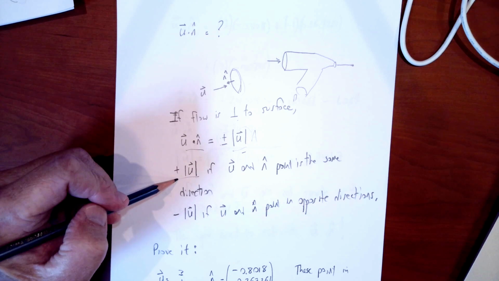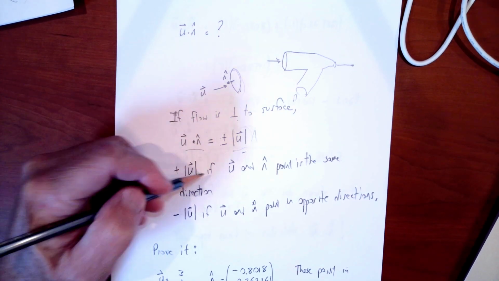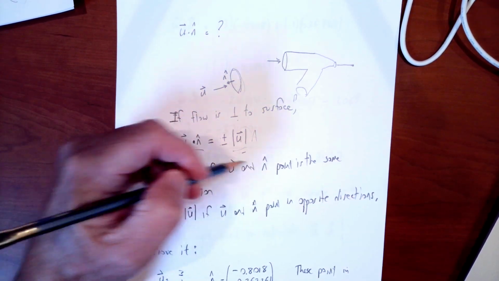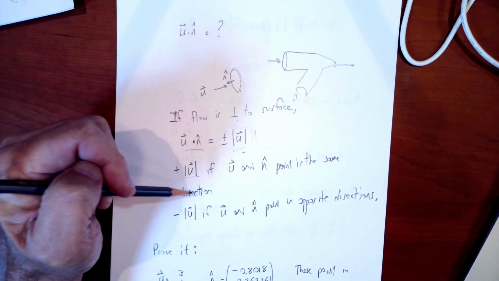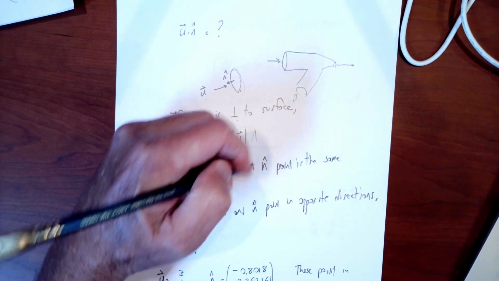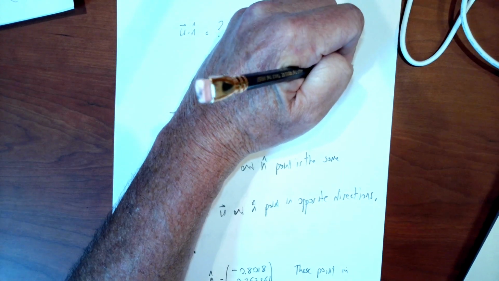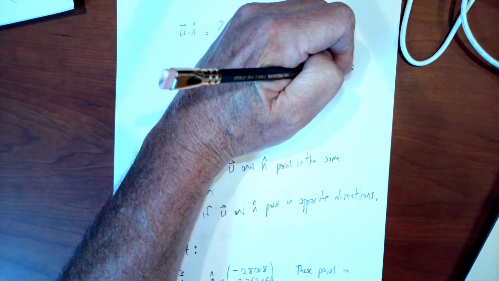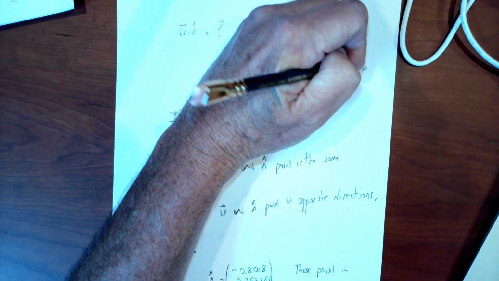So it's plus magnitude of U if the U vector and the n hat vector point in the same direction. That is, if the velocity is like this at the outlet, the outward facing unit normal points there. That's your outward facing unit normal, and your velocity points in exactly the same direction.